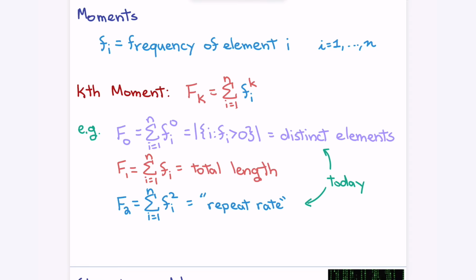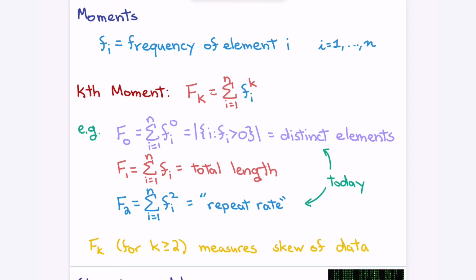The second moment is summing the squares of frequencies, and apparently it's quite useful. One of the names I've seen given to it is the repeat rate, and I read that it's useful for computing something called a surprise index from statistics.